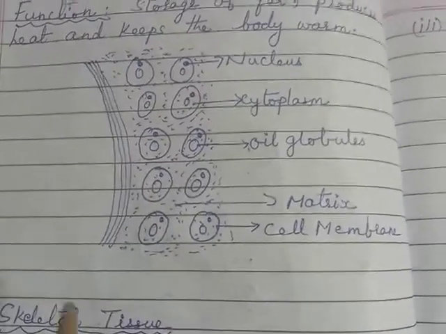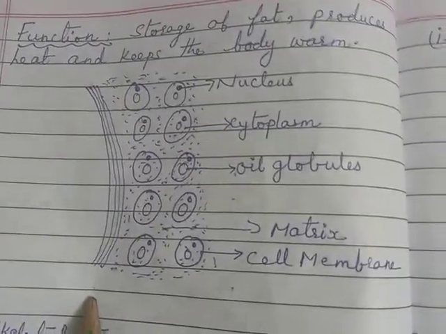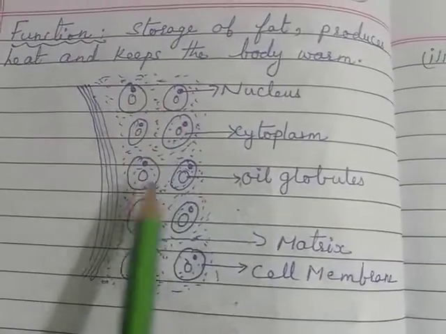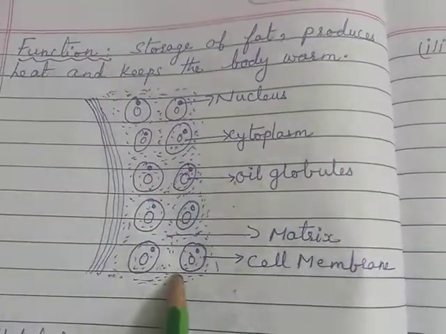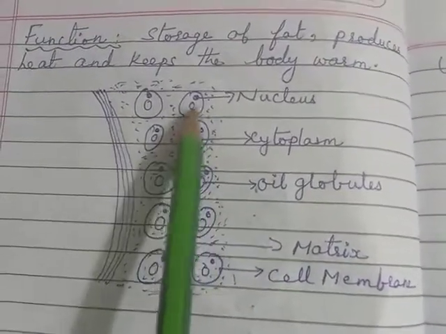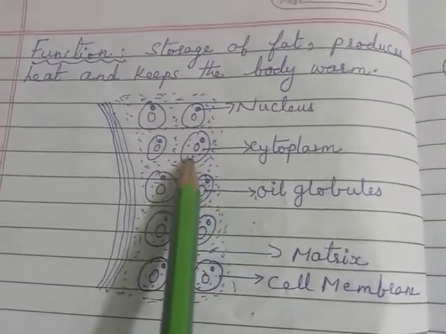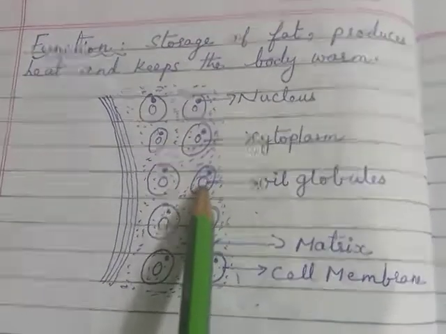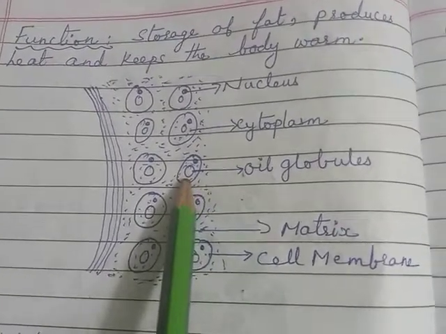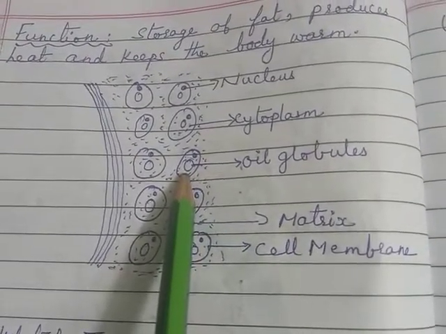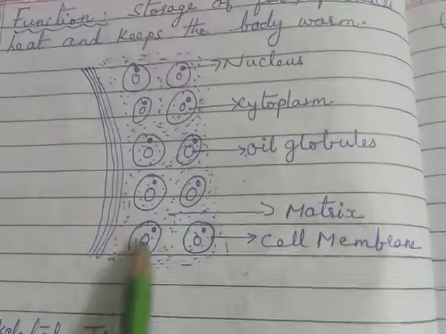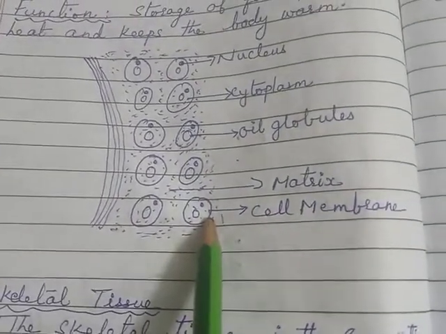You can see here the diagram of adipose tissue. See, these are the cells. This is the matrix. You can see the nucleus is present inside the cell, cytoplasm is present, and see the oil globules, or we can say fat droplets, are present here in the cell. And this is the cell membrane.